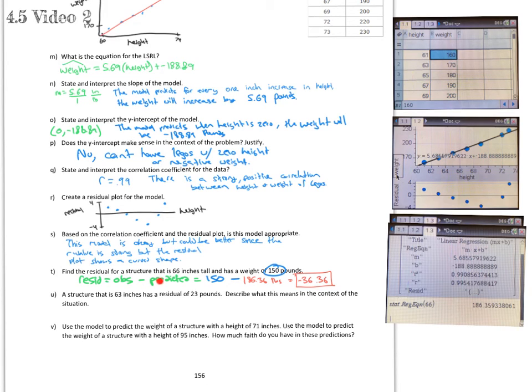Observed minus predicted ends up with a positive number, 23. So if I'm going to do observed minus predicted and get 23 pounds, that means the observed value had to be bigger than the predicted. So that's what we write. The observed weight was bigger than predicted.